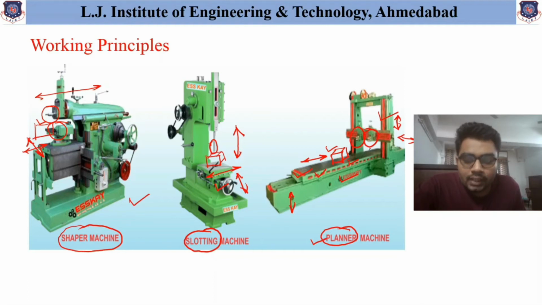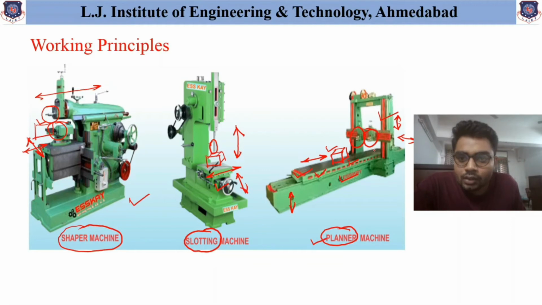So in the Planer machine, the primary motion for cutting is the reciprocating movement of the workpiece, and the normal movement, horizontal or up and down, is given to the tool as per the requirement or the shape and size of the workpiece.